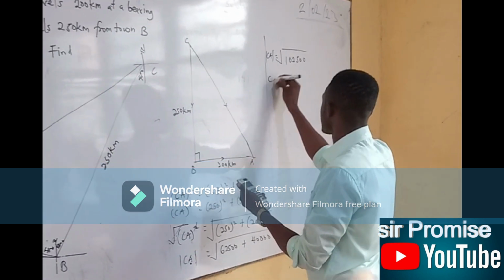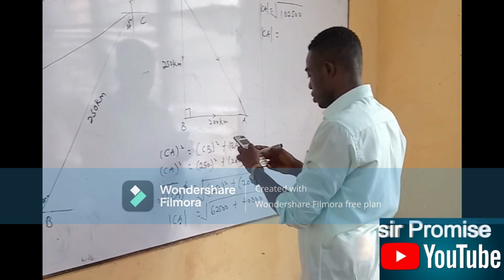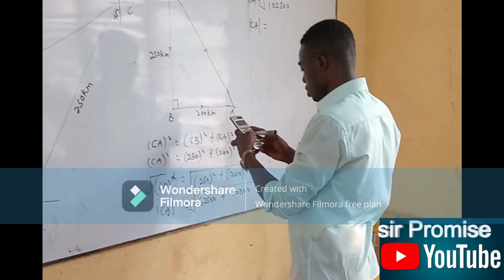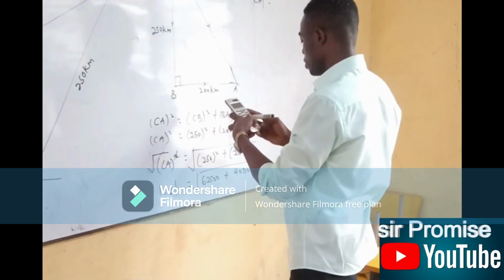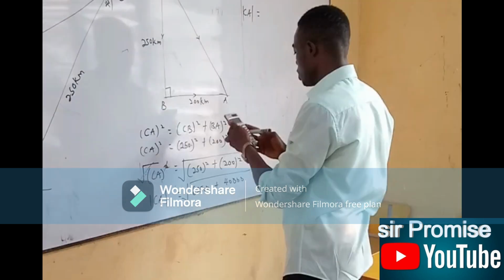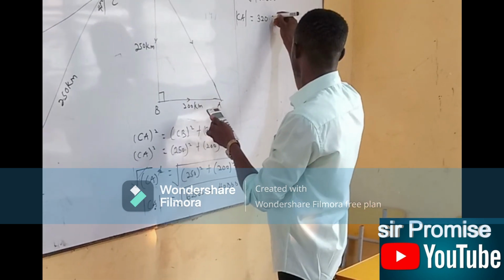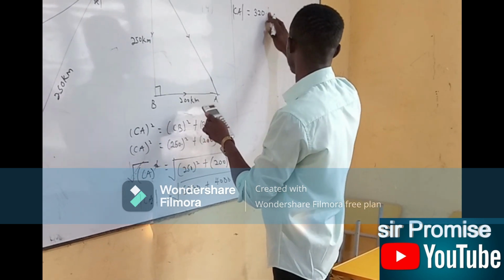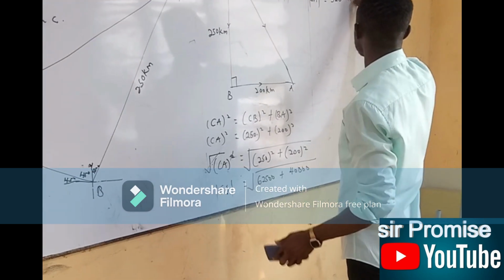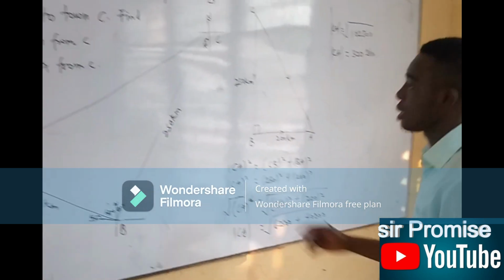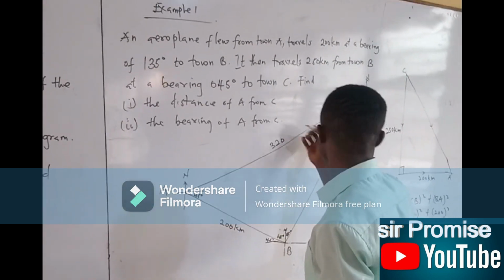So if you are to find CA finally, CA is going to be the square root of 102,500, which is going to be 320.1, or let me say 320.2, in the unit of what? km. Okay, so that is the distance. So it means that here is recorded to be 320.2.